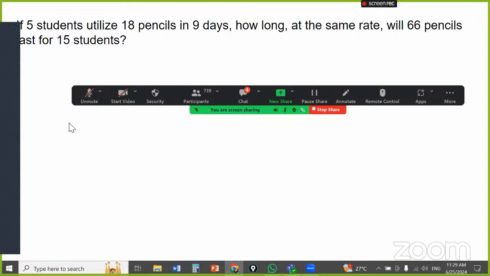Okay. Try this one. 4 quantities are given here.